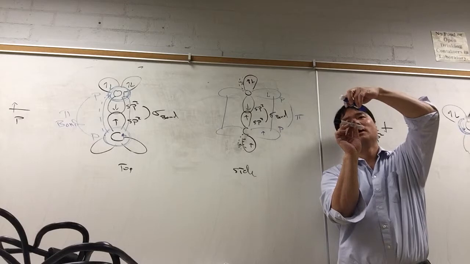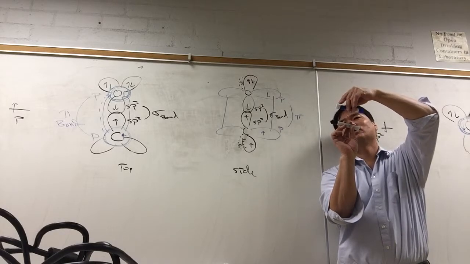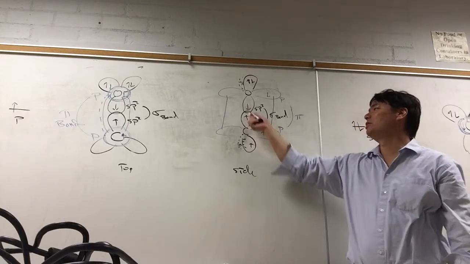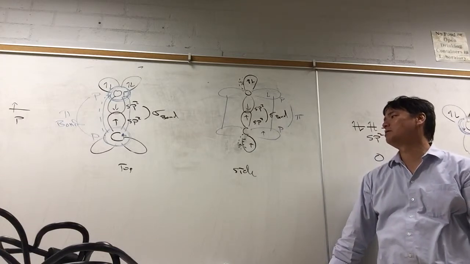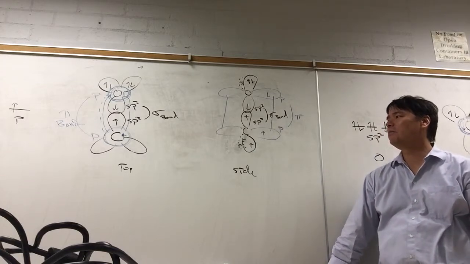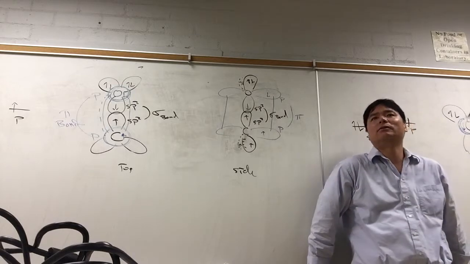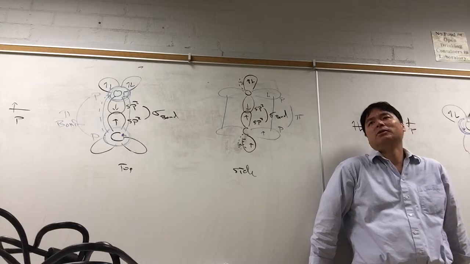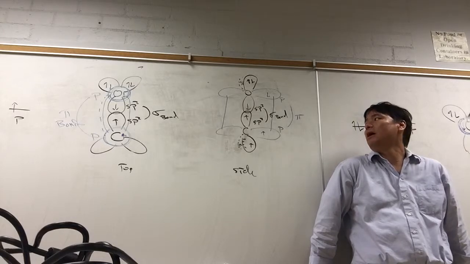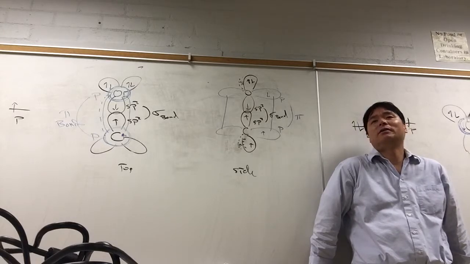So for pi bonds you cannot rotate, for sigma bonds you can. It fixes the shape sometimes, because a lot of these molecules are like spaghetti. They rotate and look like spaghetti when they're moving. But when you have a pi bond in there, they become rigid.